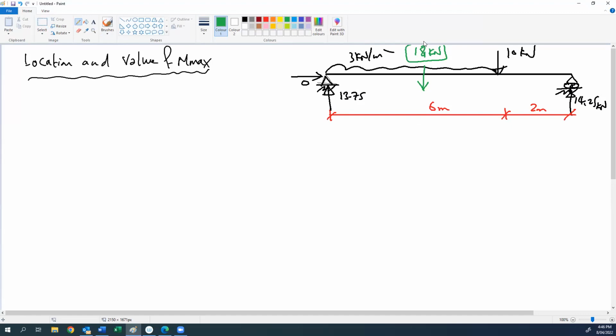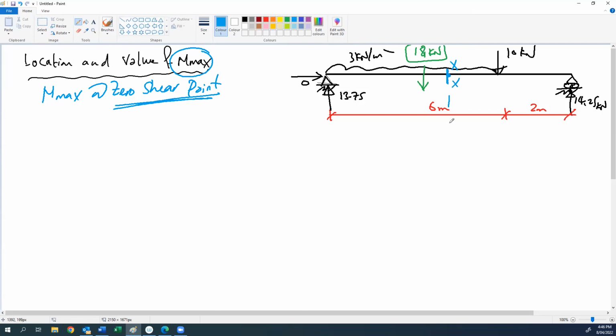Okay. To get the location of maximum moment, we said before that Mmax is located at the zero shear point. To get the zero shear point, we have to assume the zero shear point at a section here.